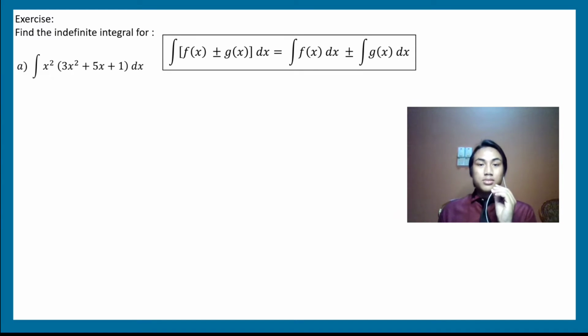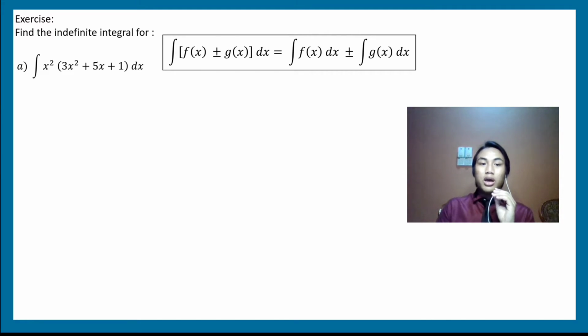The given formula only includes f(s) and g(s), right? But actually it can be many functions that we can separate. All right, so the first step is you have to simplify the form.